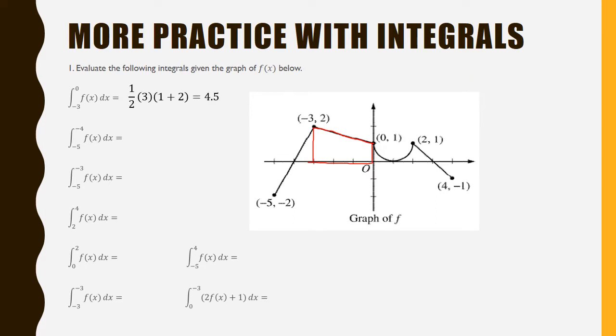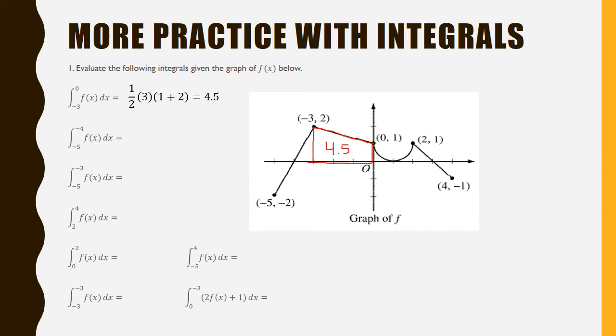And therefore we use the area formula for a trapezoid. 1/2 height times base 1 plus base 2. Okay, 4.5.